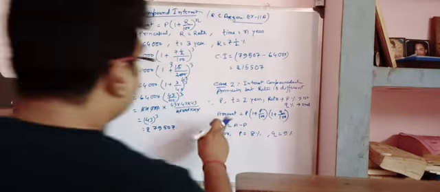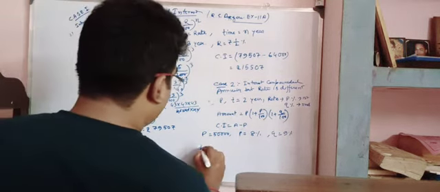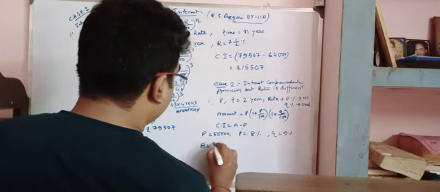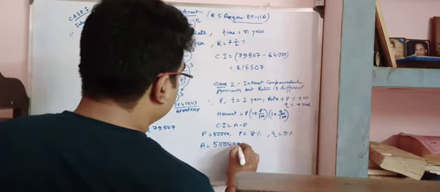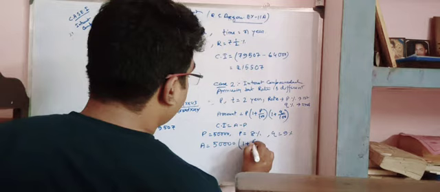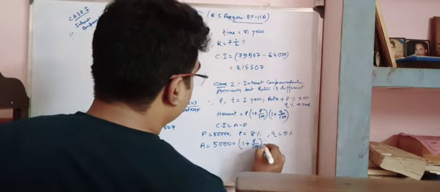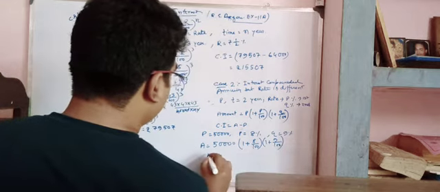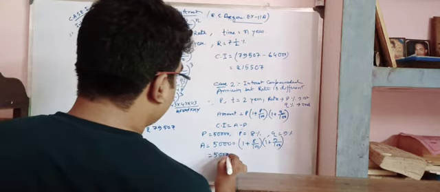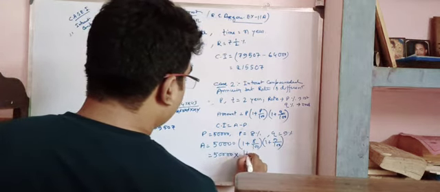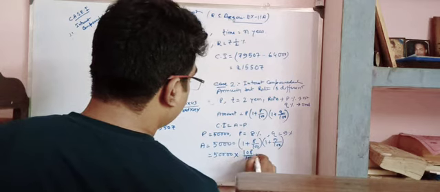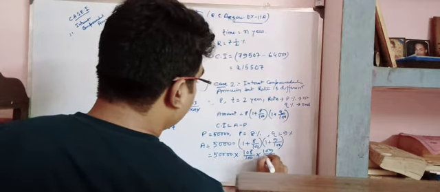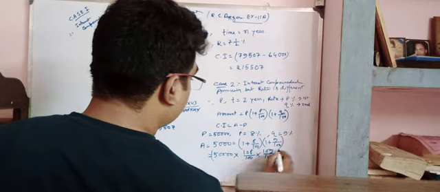So we have to find the amount. The amount should be 50,000 into 1 plus 8 by 100 and 1 plus 9 by 100, means 50,000 into 108 by 100 into 109 by 100.